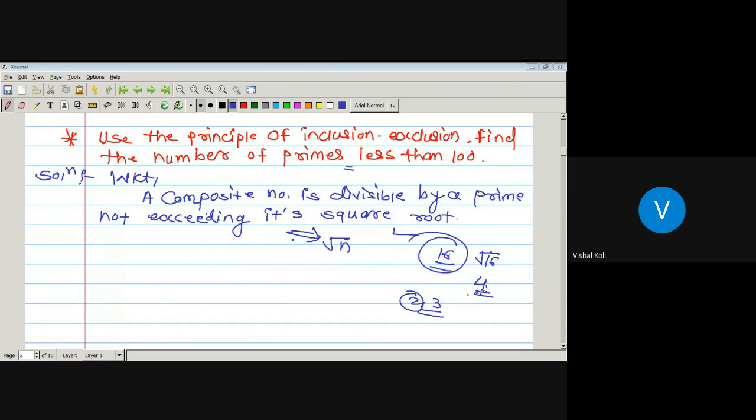As we know, any composite integer is divisible by a prime not exceeding its square root.